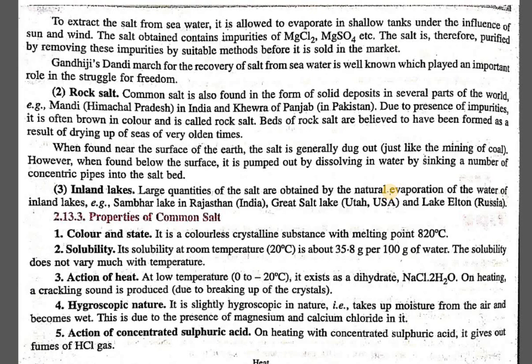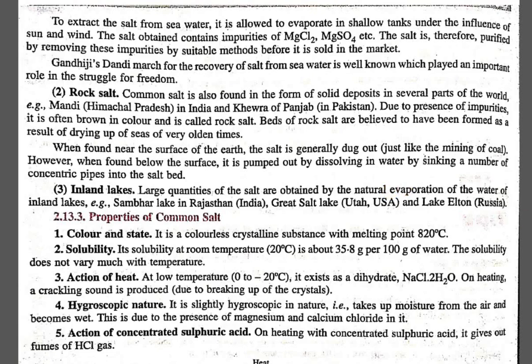The very first source was the seawater, which is the most common way of obtaining the salts. The second is the rock salt, again a common method. And inland lake is another common and natural method by which we are able to obtain the sodium chloride salt.